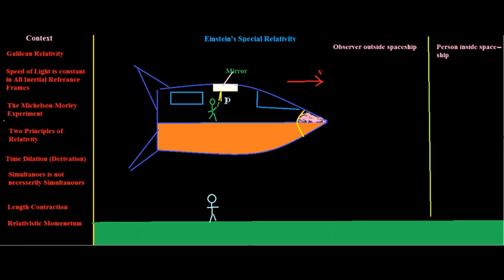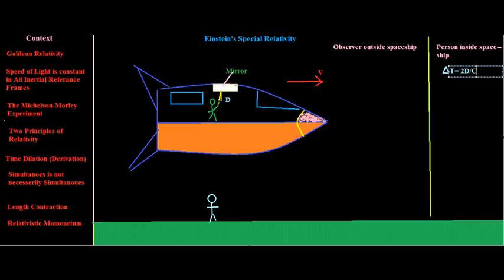So this light travels a distance 2d. The total time for this event would be 2d divided by the speed of light, because the light in the flashlight is moving at the speed of light, of course.